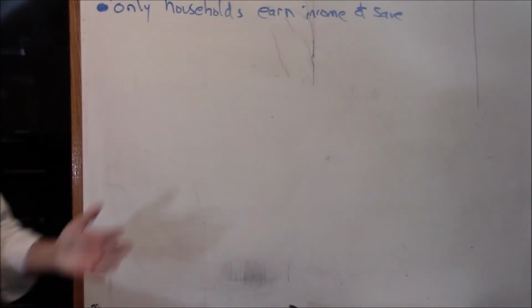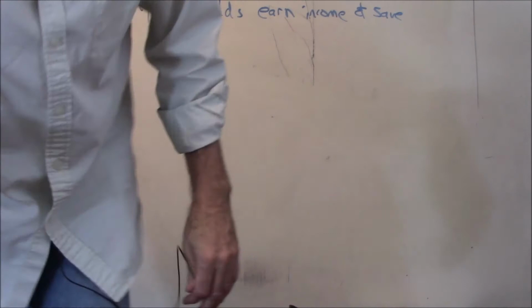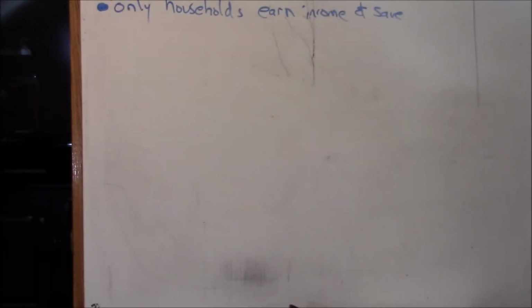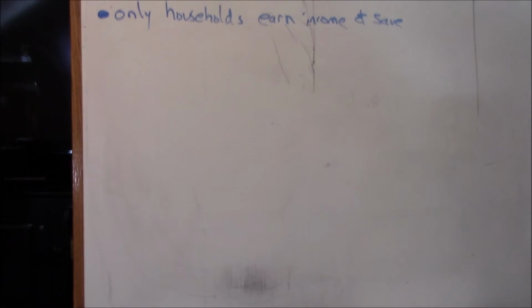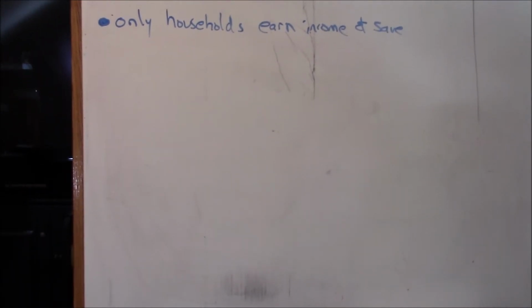Oops, I'm going the wrong way. Let me see how that looks on the monitor. I gotta get out of the way because it's trying to focus on me. And why wouldn't it? Okay, yeah, a little bit more actually.